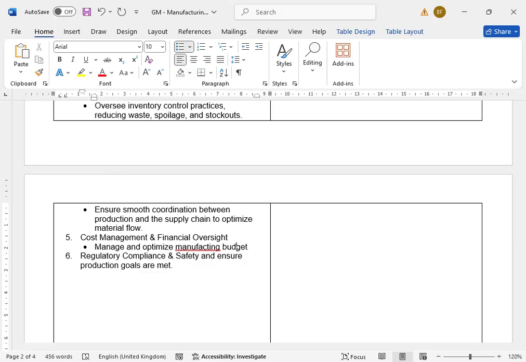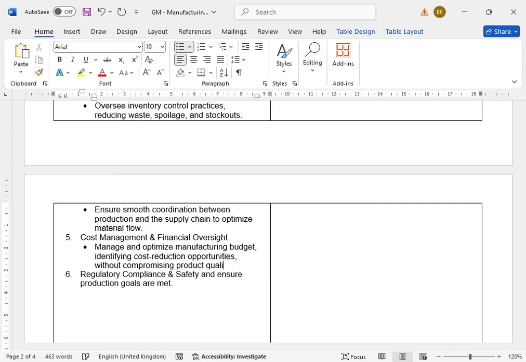Identifying cost reduction opportunities, of course without compromising product quality.